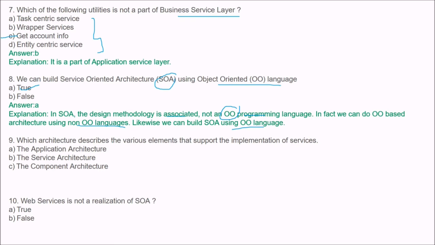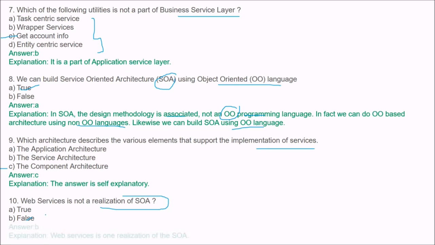So, which architecture describes the various elements that support the implementation of services? The answer is, of course, C, the component architecture. Next, web services is not a realization of SOA. This is false. Yes, because web services is the realization of SOA.